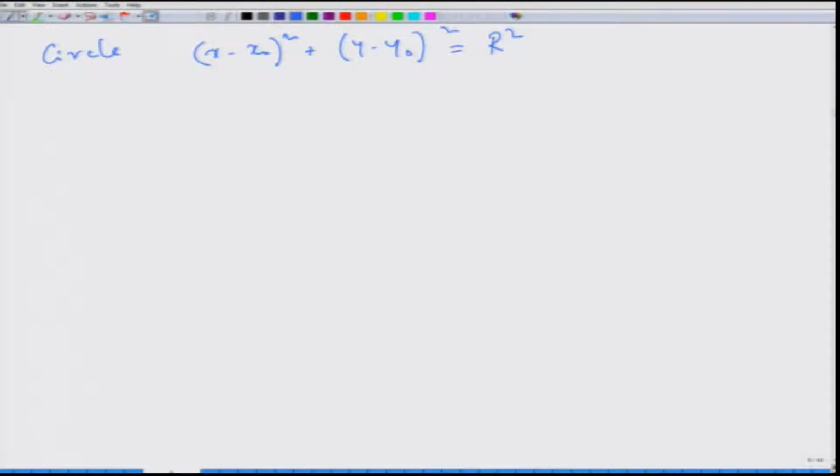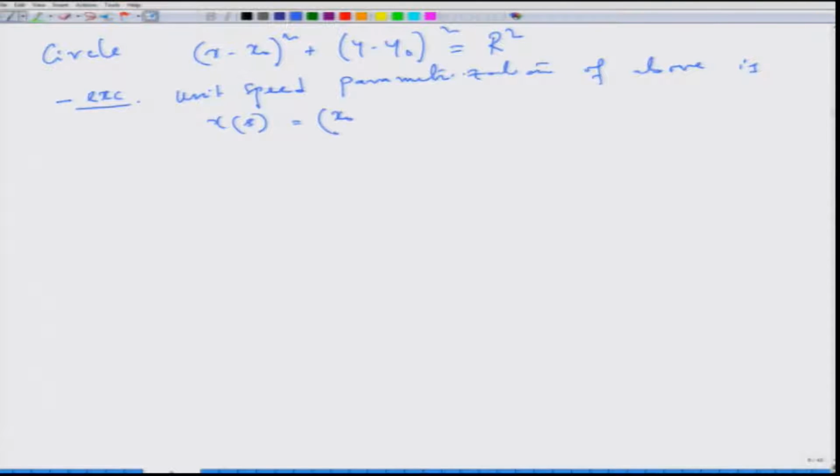This is an exercise I put, that the unit speed parameterization of the above is x naught plus r cos(s/r) and y naught plus r sin(s/r).